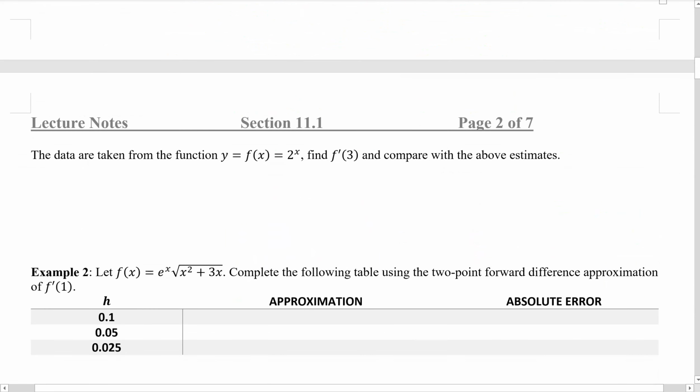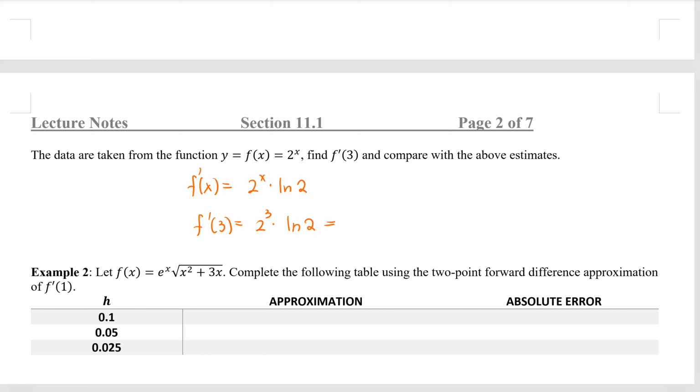Okay, so the data are taken from the function y equals f of x equals 2 to the x. Find the derivative at 3 and compare with the above estimates. So how do we differentiate? If you remember, the derivative of 2 to the x is 2 to the x times ln of 2. So when we plug in 3, we get 2 to the 3 times ln of 2.